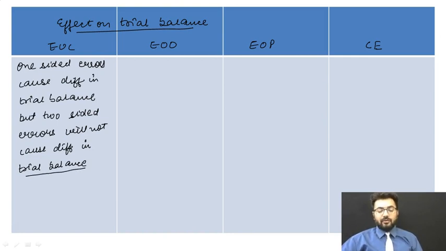EOO, errors of omission. Now, what does it mean? There are two kinds of omission. One is complete omission, that means total omission, and one is partial omission. Talking about complete omission, where you have basically forgotten to enter the total entry, complete omission will not affect trial balance.